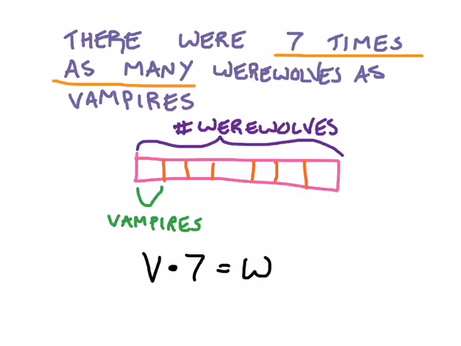On the other hand, if I want to start by looking at it from the werewolves' perspective, I could take that big group of werewolves and split it into 7, like we said in the bar diagram, and that would give us each group equal to the number of vampires. So these, again, are inverse equations. They mean the same thing. They just look at the relationship from 2 separate perspectives.